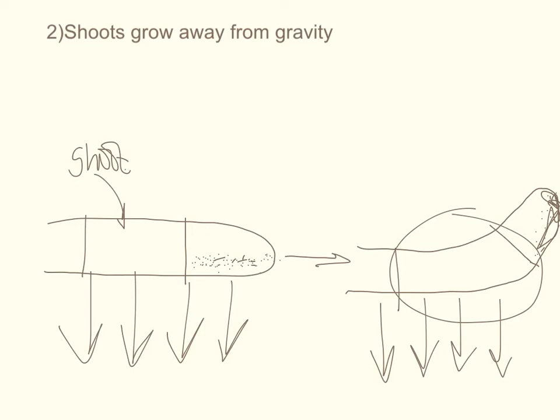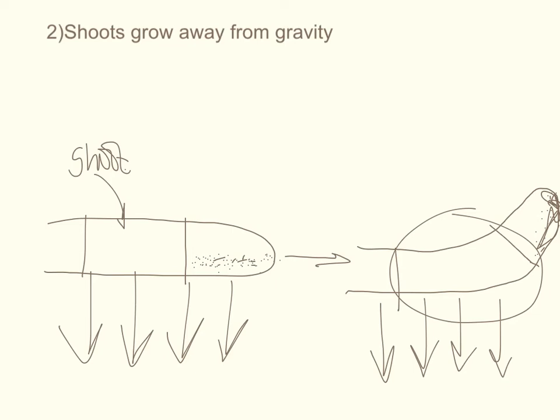So the distribution of auxin in response to gravity means that the shoot should always grow in the correct direction, for example upwards, and this will occur even in the absence of light.